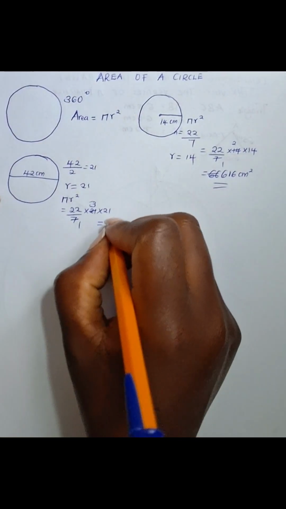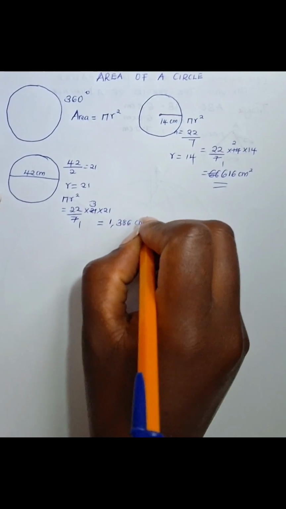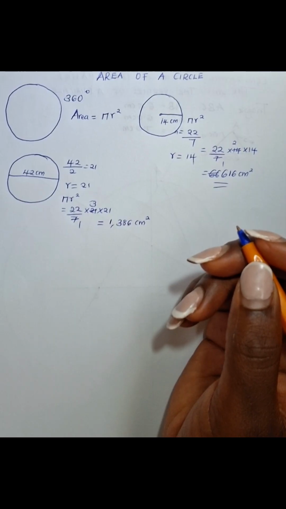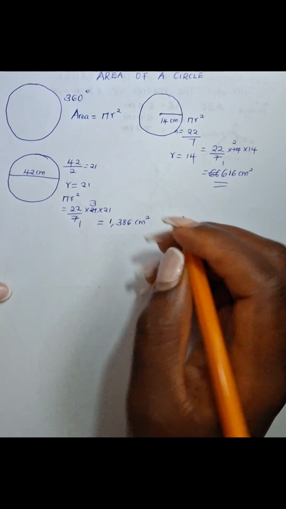Then you multiply 66 by 21 and you'll get 1,386 centimeters squared. That is just a simple way. Imagine it's that simple.